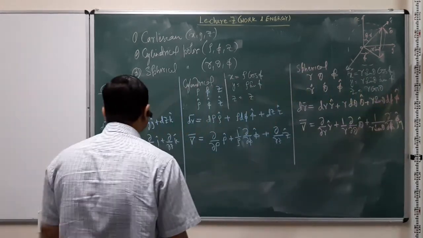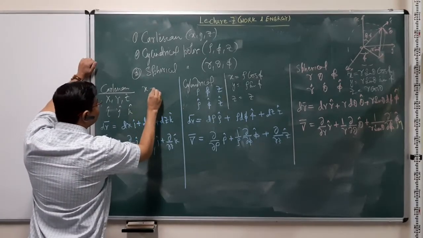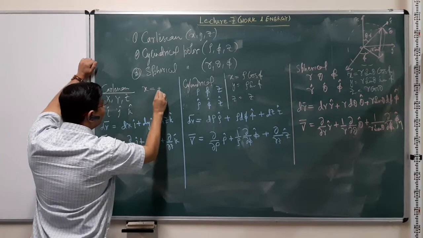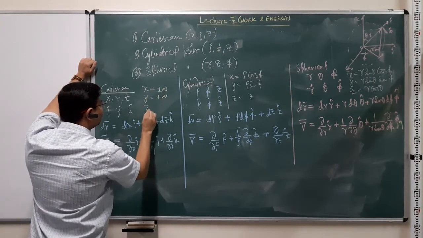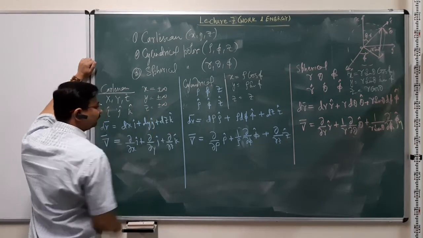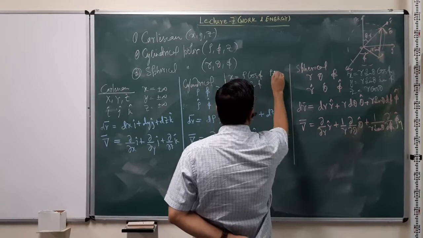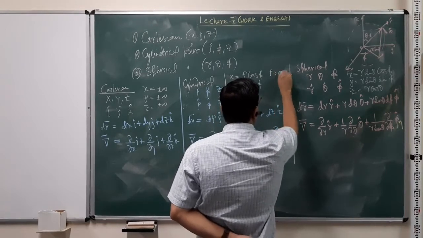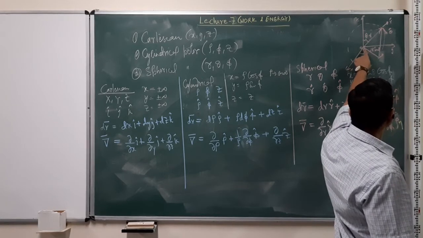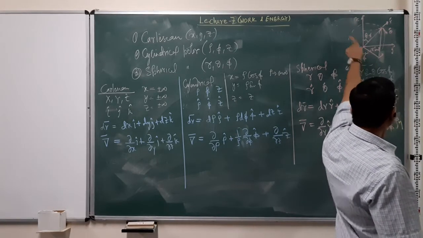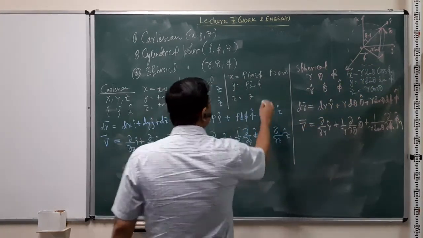If you want to take limits, you want to do integration, then again x can have values plus minus infinity, y can have values plus minus infinity, z can have values plus minus infinity. Here, rho can have values 0 to infinity, because the origin is here and there is no negative direction.